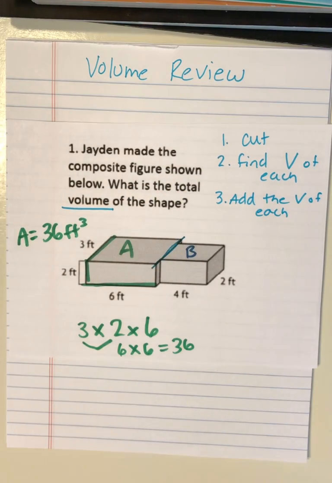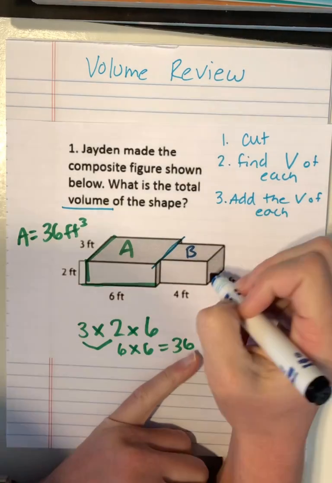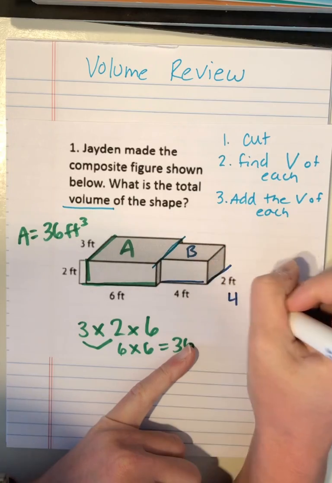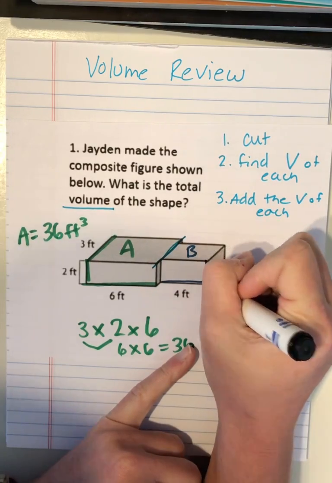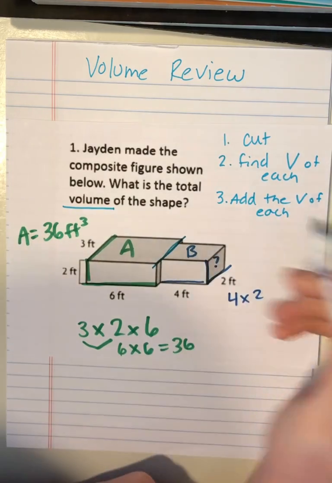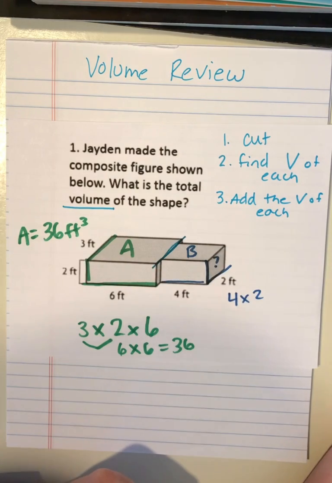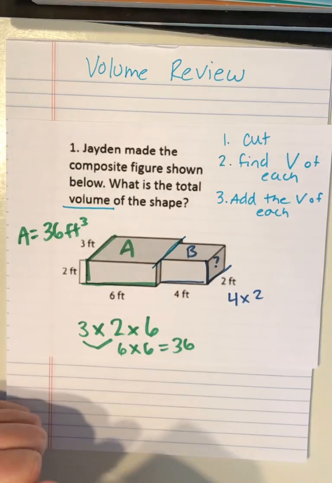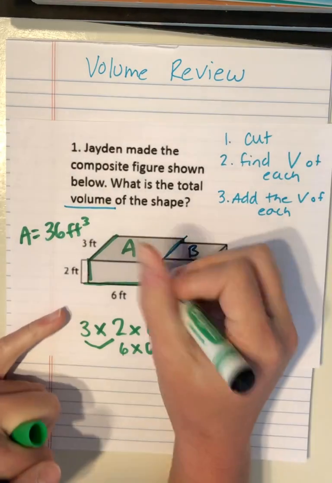Now I'm going to come over to B. I see that this is 4, this is 2, okay? I'm not sure what the height is yet, so I'm going to look at all of my other rectangles to see if I can use my knowledge of geometry to help me. So if this is 2 feet, I know that this is 2 feet.